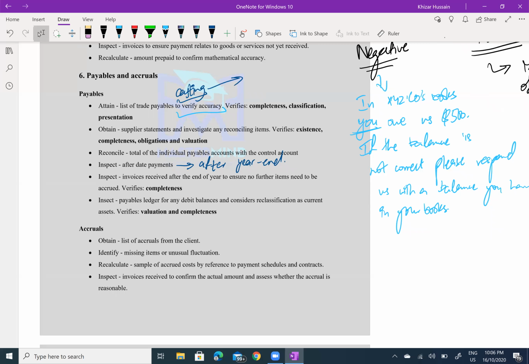Inspect payables ledgers for any debit balances. What are debit balances on a payables ledger? That means your payable owes you money, right? So a payable becomes a receivable.